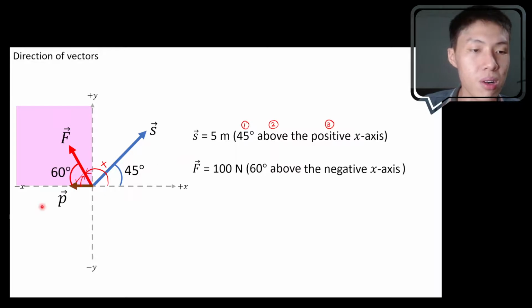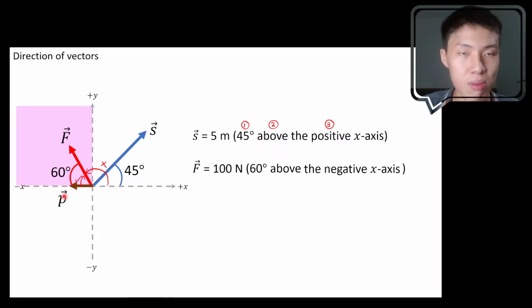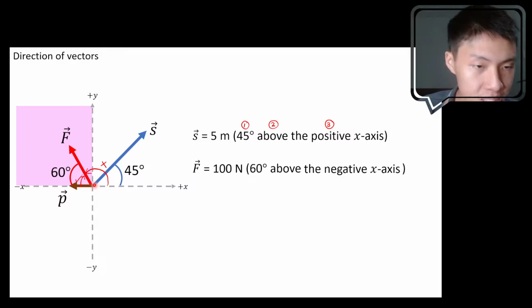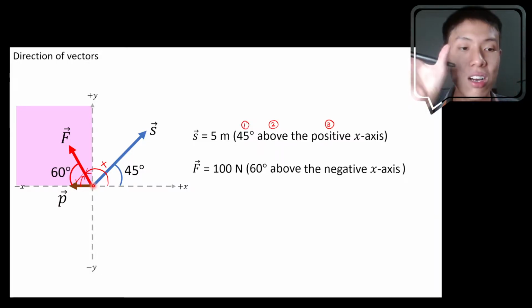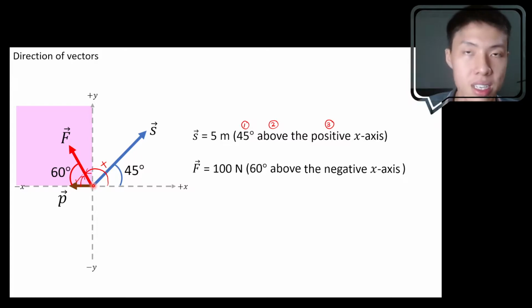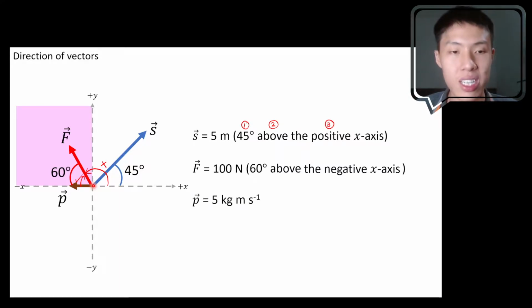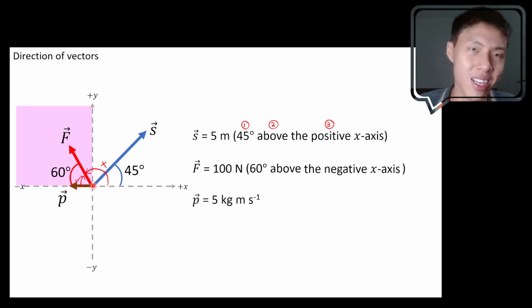Next example, we have this brown vector here. It's representing momentum. So this P here is momentum, and this vector is exactly lying on the x-axis and is pointing towards the left, or towards the negative x direction. In this case there's no need for us to determine any angle because the angle is just 0.